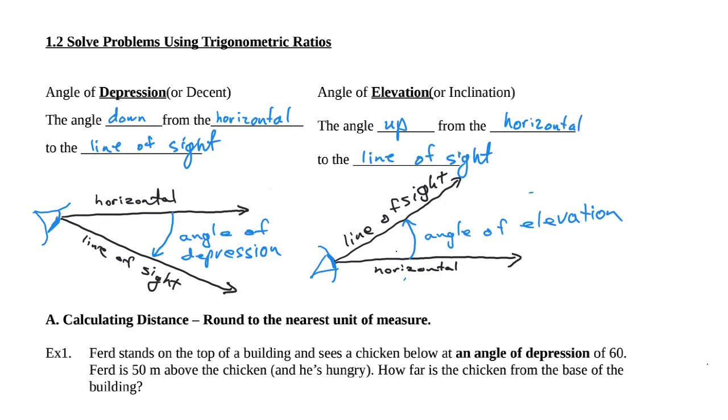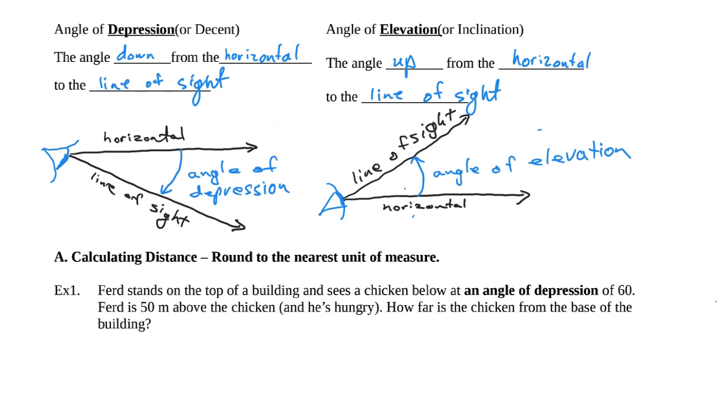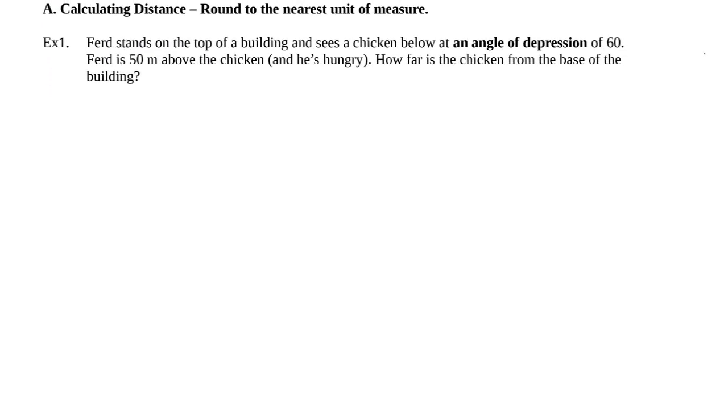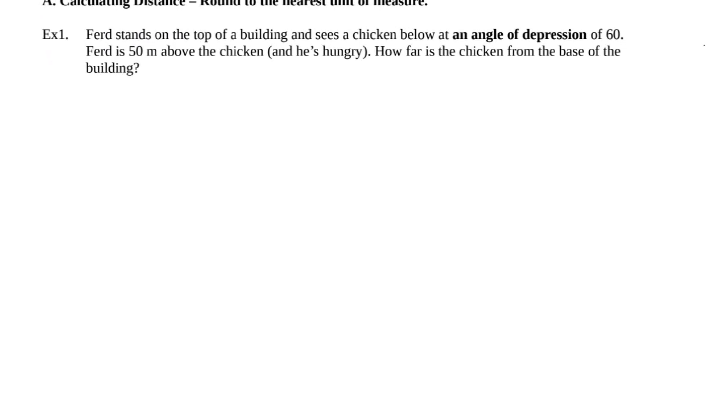All right, so let's see if we can come up with a solution for this first problem that we have here today. Ferd stands on top of a building, and he sees a chicken below at an angle of depression of 60 degrees.